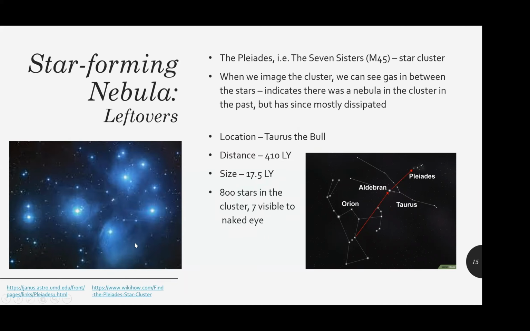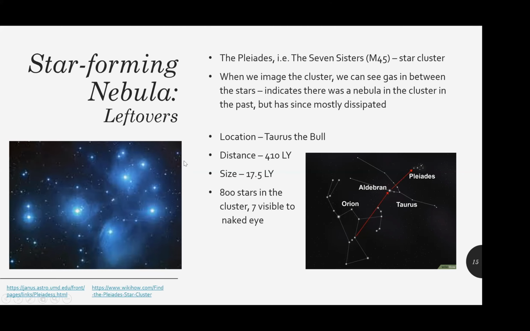We think this because when we take a long exposure image of the cluster, we can see this gas here between the stars. The gas indicates that there was a nebula in the cluster at some point, but since then, it has mostly dissipated. So here we go, showing an example of why long exposure pictures are sometimes better than just the naked eye.